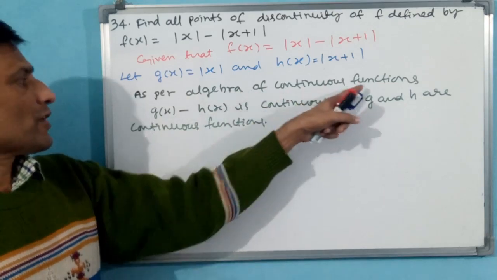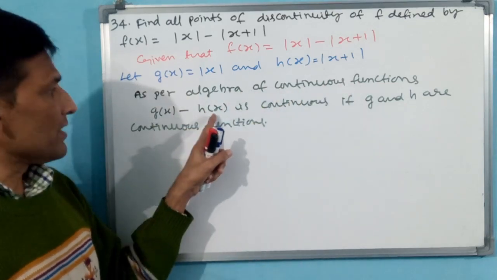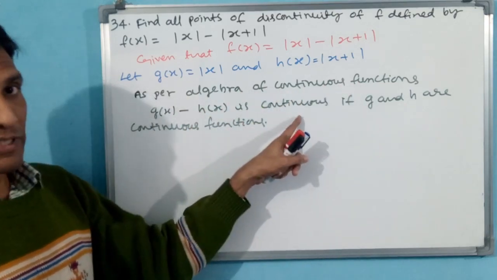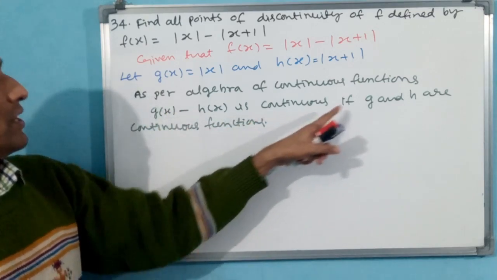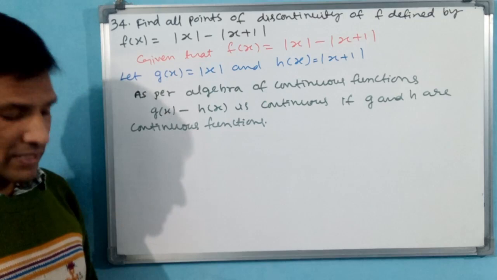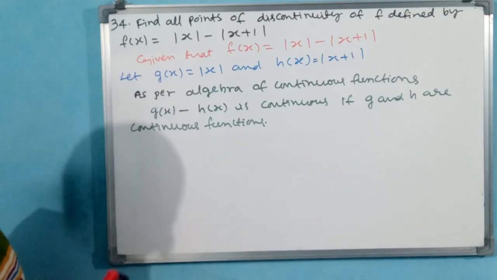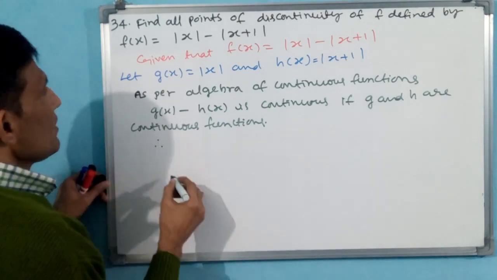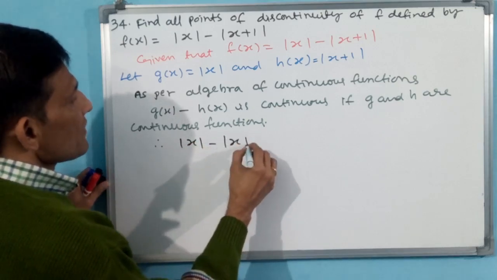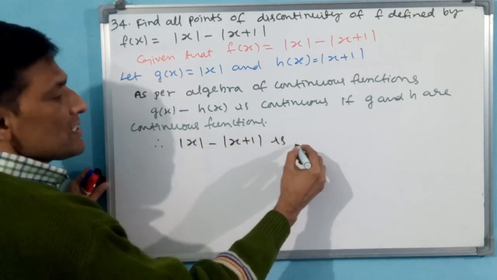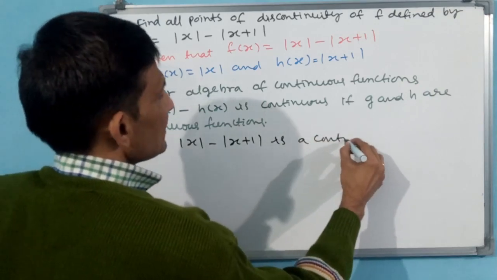As per algebra of continuous functions, g of x minus h of x, the difference of functions, is a continuous function if g and h are continuous functions. Now you write, therefore, modulus x minus modulus of x plus 1 is a continuous function.